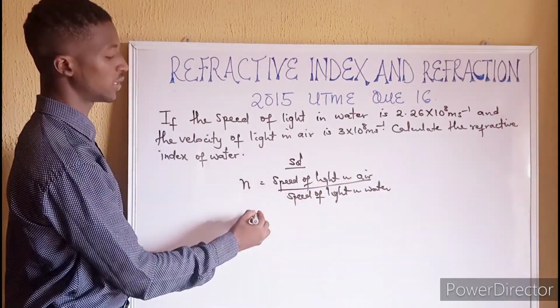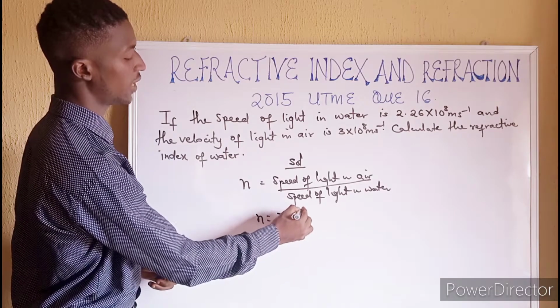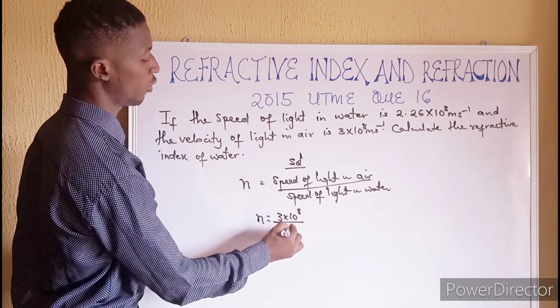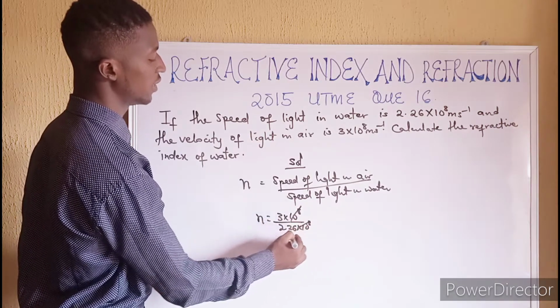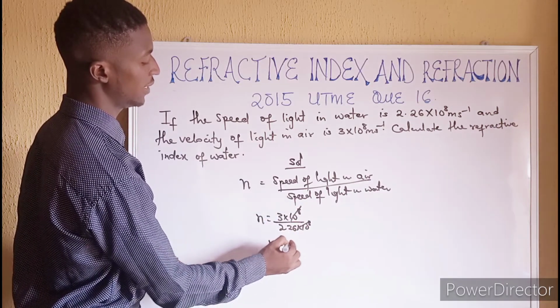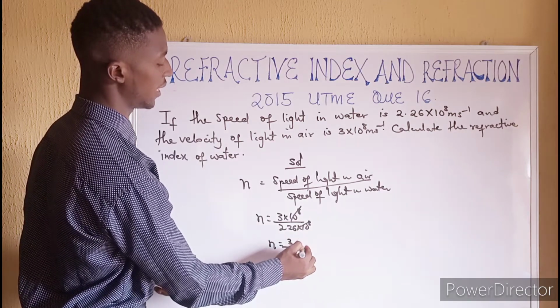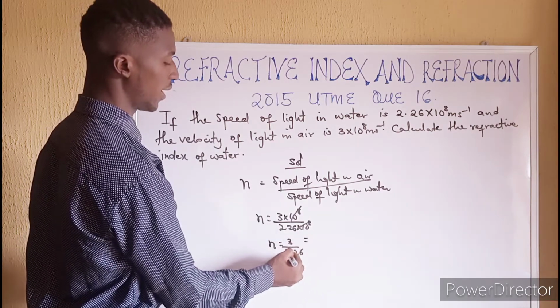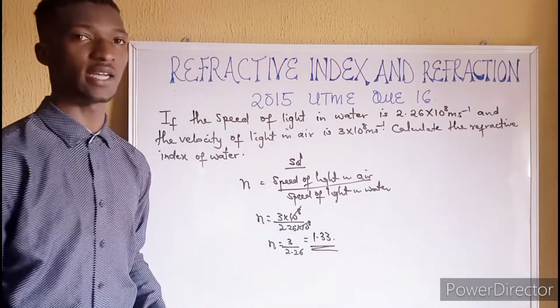So n is 3 times 10 to the power 8 over 2.26 times 10 to the power 8. This cancels, so n is equal to 3 over 2.26, which gives us 1.33. So 1.33 is the answer.